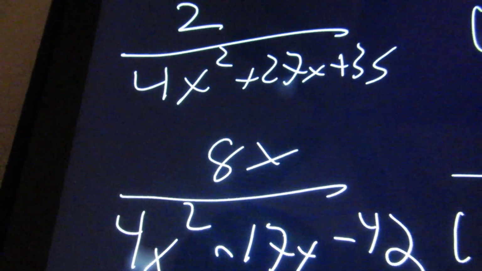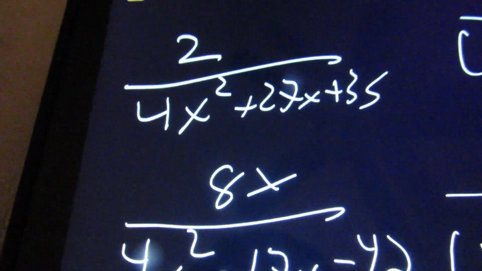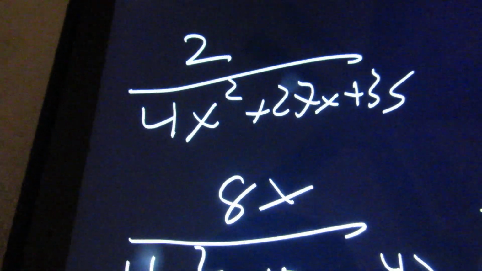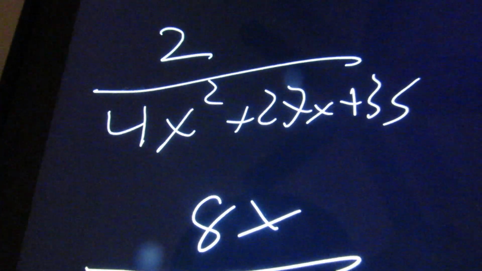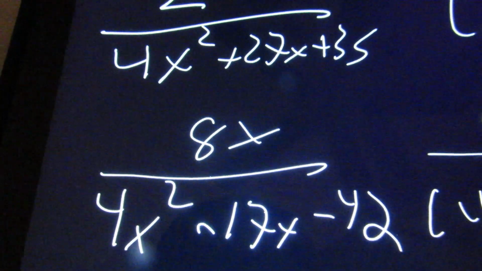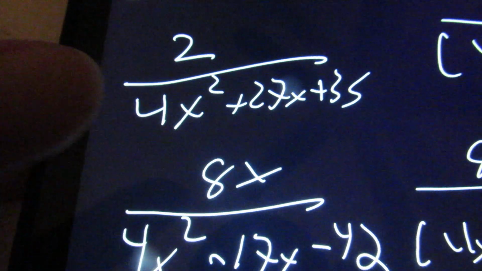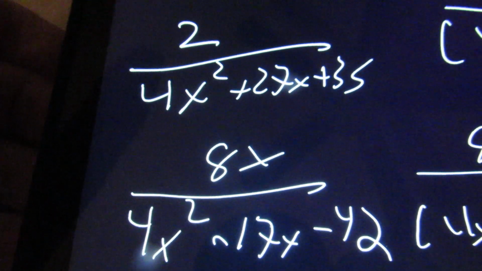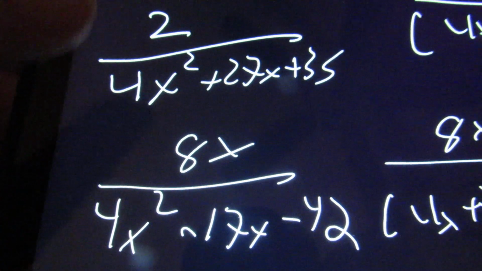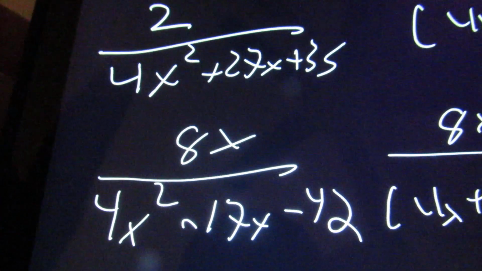Hello. In my open math, there's some classes where we're combining, basically adding and subtracting rational expressions, which are basically fractions that have either monomials or binomials or trinomials over a monomial, binomial, or trinomial.